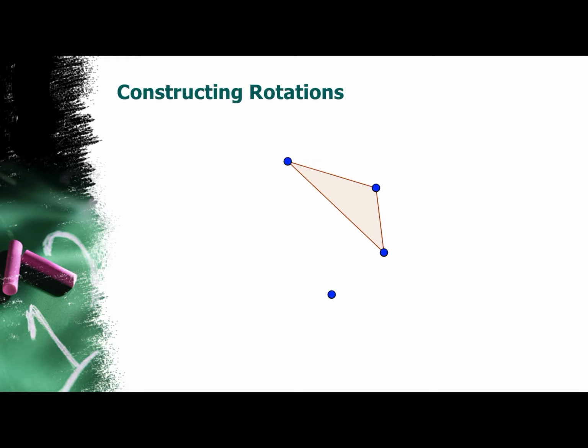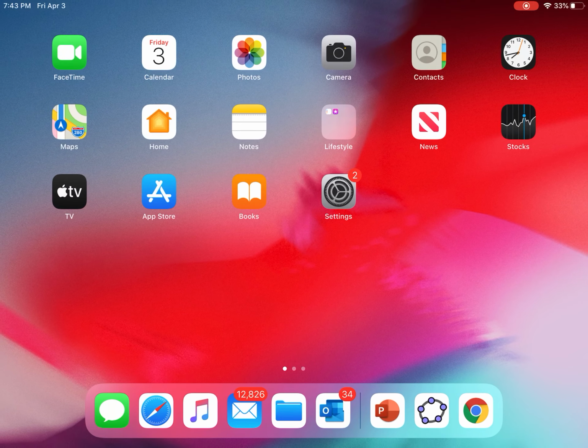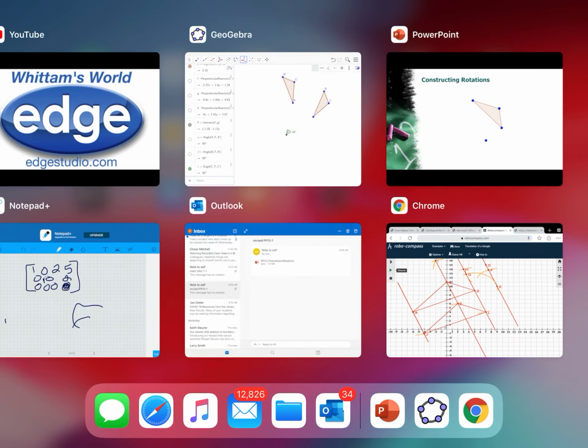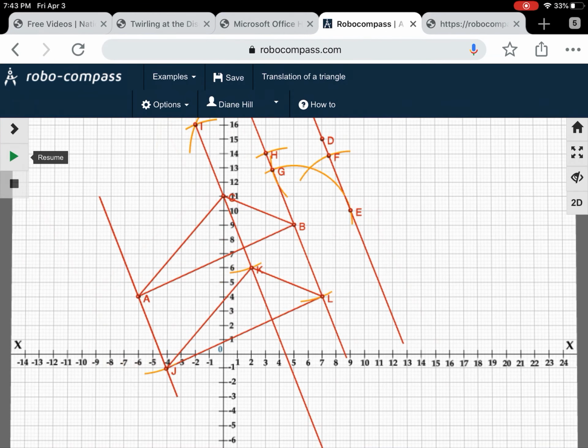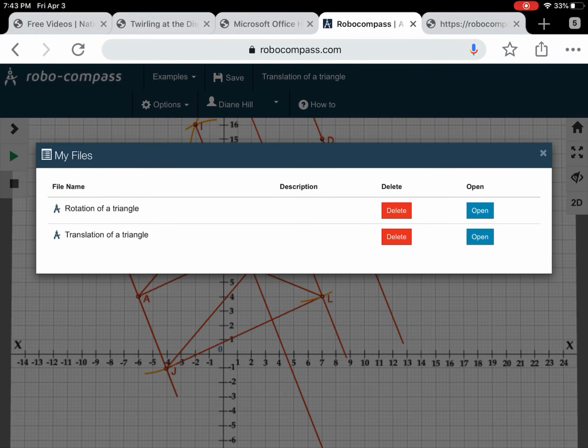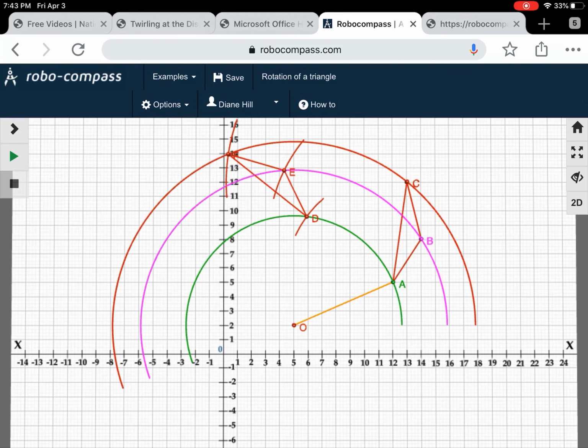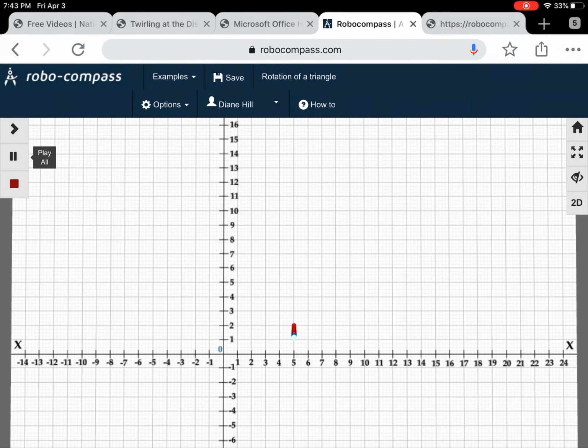Okay, so we can construct a rotation with other things. It gets really hard for us to do it on a graph with anything other than 90, 180, or 270. It's bad enough as it is. But you can construct one using the compass, and we could do any degree that we know how to draw with a compass, right?